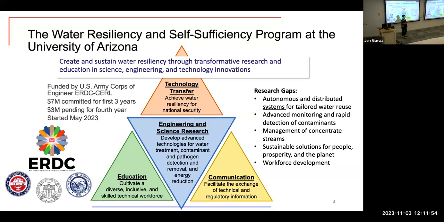I underline systems because, again, we're not just focusing on one system. It's not a one size treats all solution to some of our water problems. Also, we have advanced monitoring and rapid detection of contaminants, so making sure that our water is safe and people can consume it. Management of concentrate streams, which is a byproduct of many of our treatment processes.